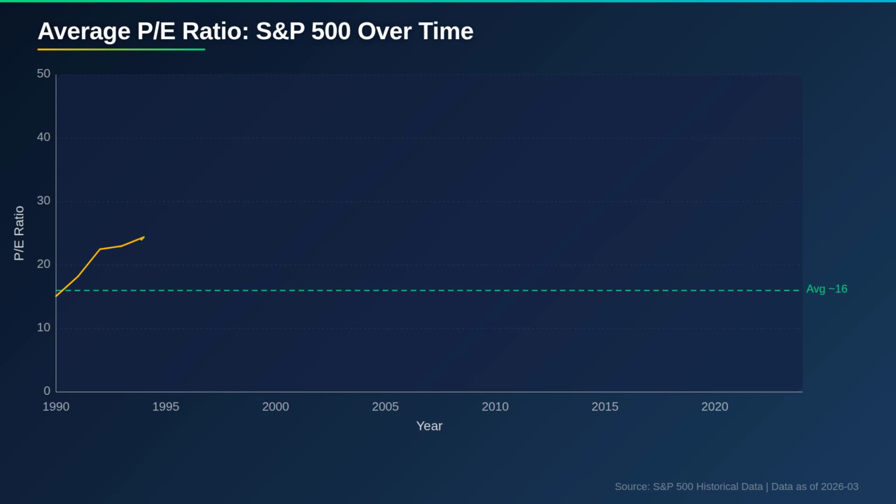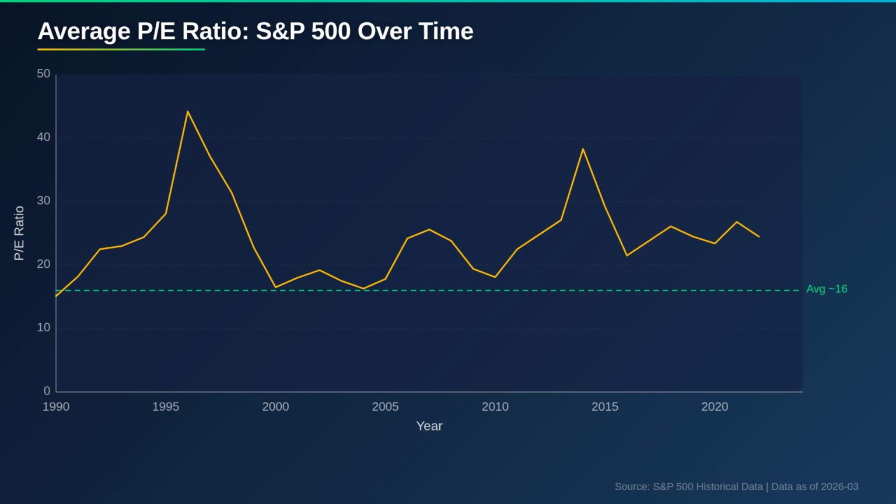Here's some important historical context. The S&P 500's average PE ratio has typically hovered between 15 and 25 over the long run, with a historical average closer to 16. But as you can see, it swings dramatically. During the dot-com bubble in 2000, it spiked to nearly 45.